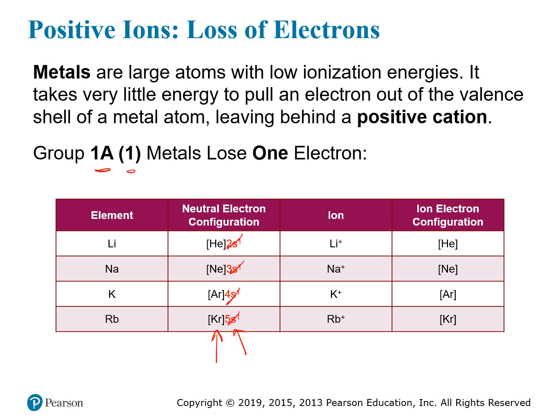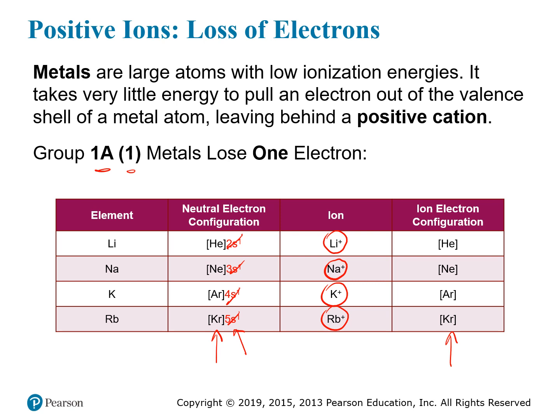And so if you have a neutral atom, a charge 0 atom, and it loses an electron, which has a negative charge, then you're going to be left with an ion that has a +1 charge. And so all of these elements in group 1, the first column of the periodic table, tend to form +1 ions. Okay? And that gives them the configuration that is just like their noble gas core.